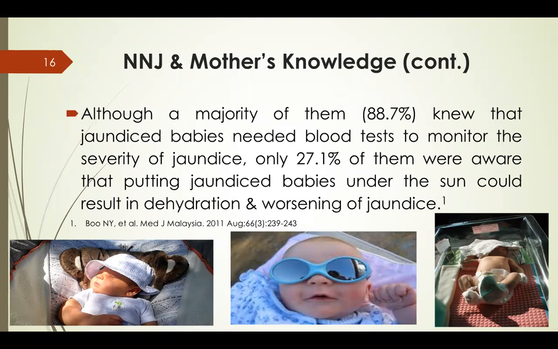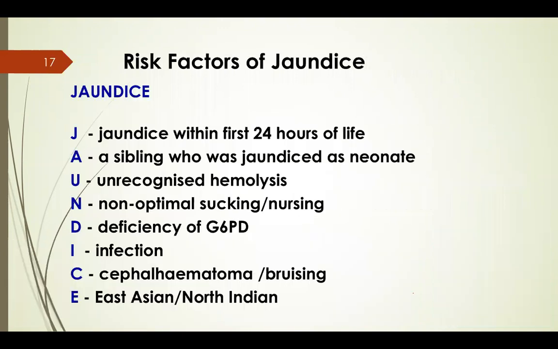Everyone, this is something that you need to educate your siblings, your relatives, your friends, so you make their understanding better by not putting the baby outside under the sun, because it can cause dehydration.